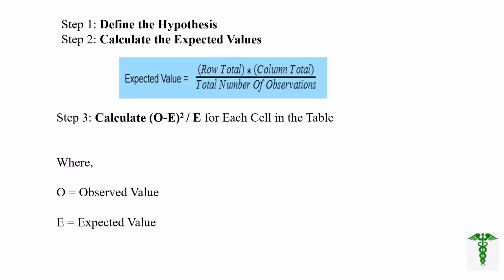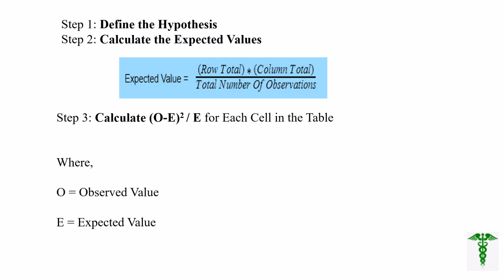This is the procedure for finding the chi-square test. First we define the hypothesis. Then we calculate the expected value using the equation: expected value equals row total times column total divided by the total number of observations.